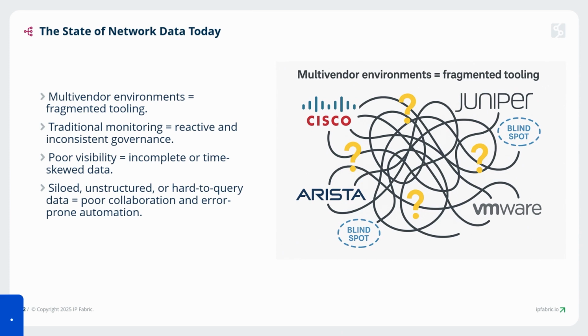So what we end up with is a hodgepodge of tools, oftentimes with different GUIs for management, different operating systems, and even different APIs in order for us to get that data, in order for us to do automation and AI. Oftentimes with our traditional network management, our troubleshooting is very reactive. We often know something is broken, but have no context or additional information on why it's broken.